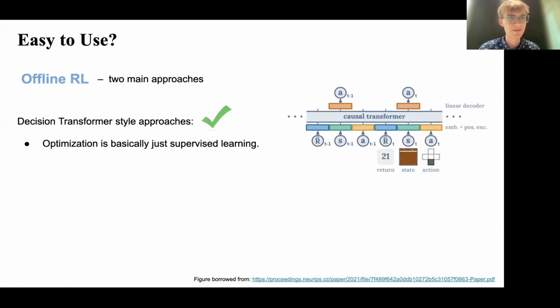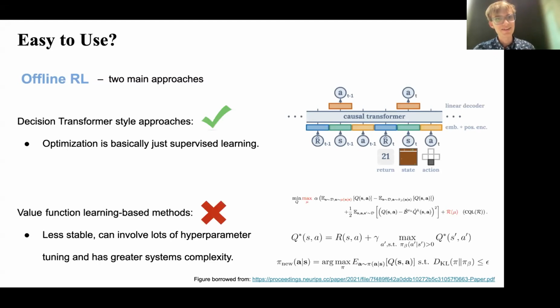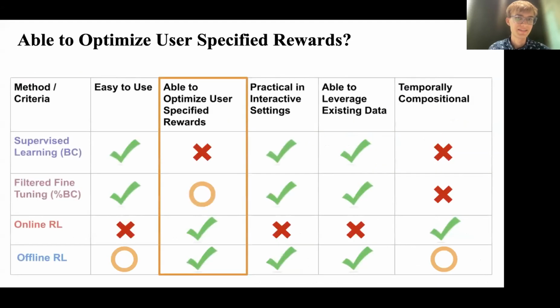So of course, it's very stable and easy to use. The other high-level approach is value function learning methods, which have a lot more moving components. They look more like classic online RL methods, and they can involve a bit more tuning, and they're a little more precarious to get working. So I would not call those easy to use.